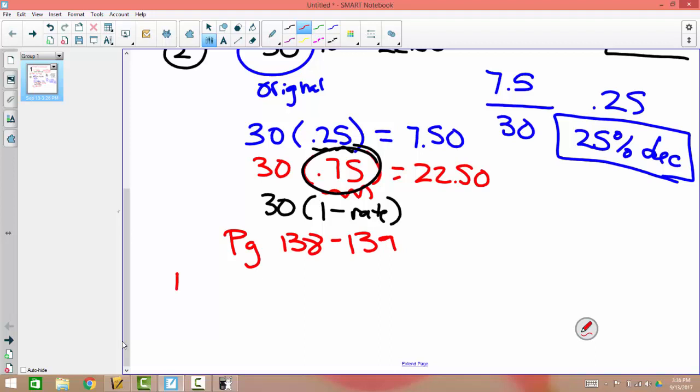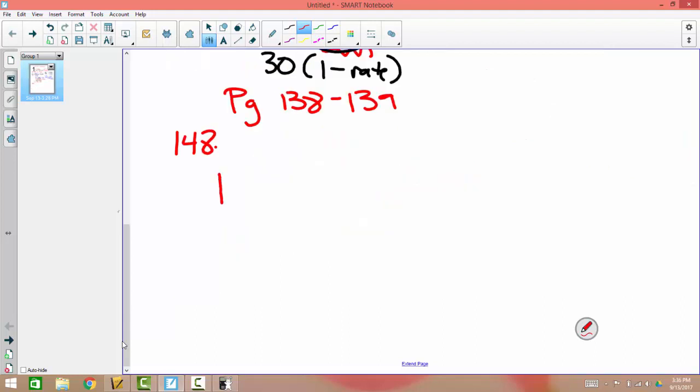And then we're going to jump to page 148 for the extension, and this is some absolute value work. And basically, just understand that if you have something like the absolute value of x equaling 7, there are two answers to that. x could equal 7 and it could also equal negative 7 because the absolute value of a negative is a positive.